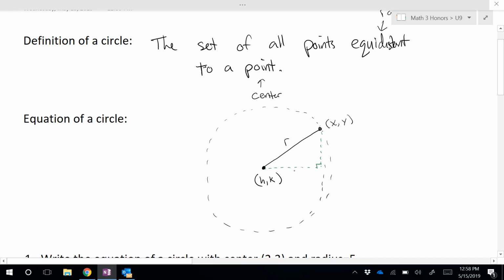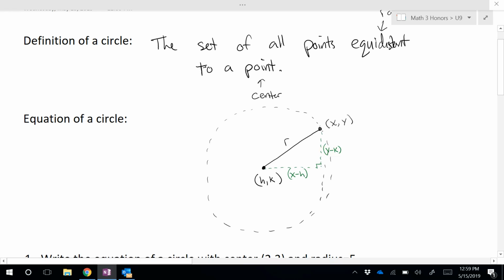How do you find the distance between two numbers? Subtract. So it'd be x minus h. Okay, so x minus h would represent the distance of the base of that triangle. What would represent the distance of the height of that triangle? y minus k.